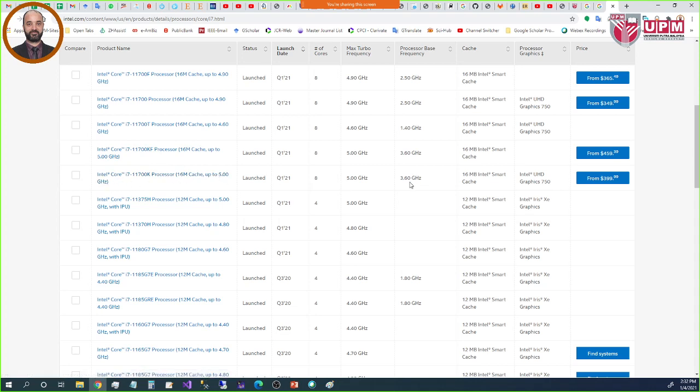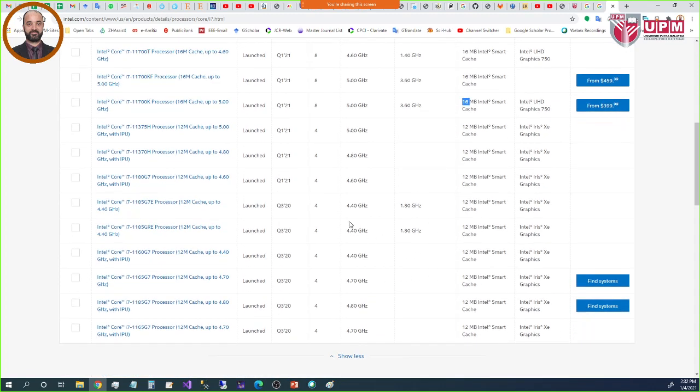This one, for H, for example, has only 4 cores, and the frequency is 5. The cache memory is 12 only. This one is 16. Actually, the cache memory is a very important thing. If you are looking for a very fast machine, you have to consider this. You have to know what cache you have in your processor. The more you have, the better you perform.